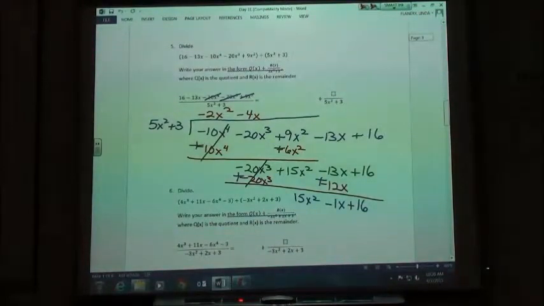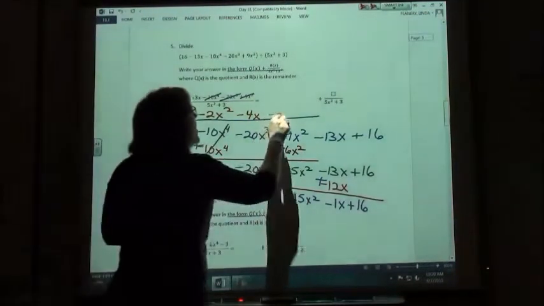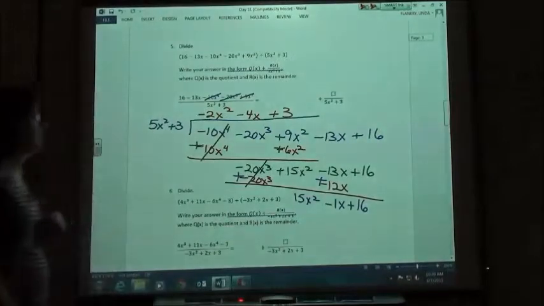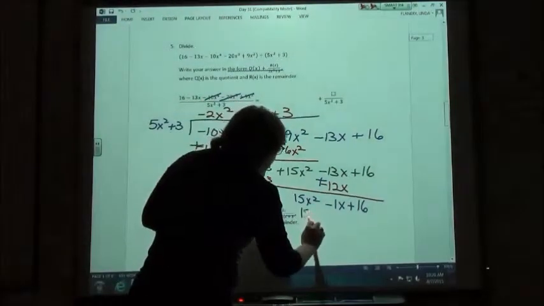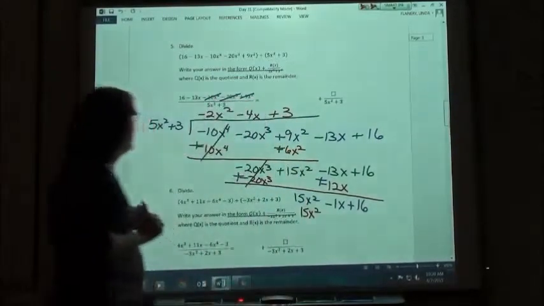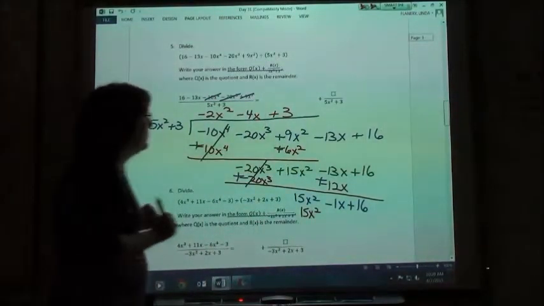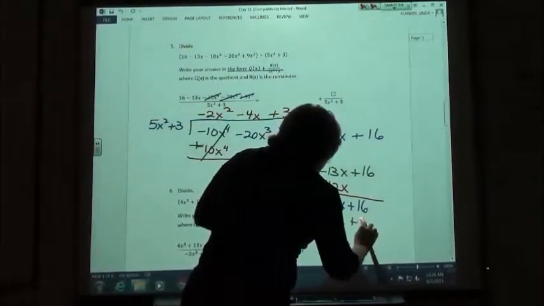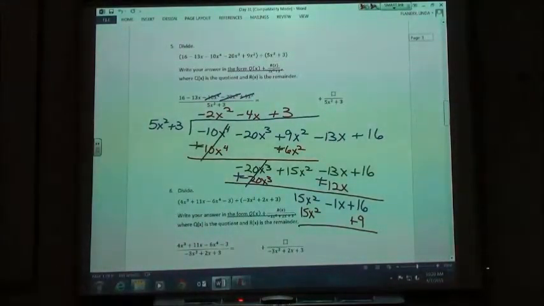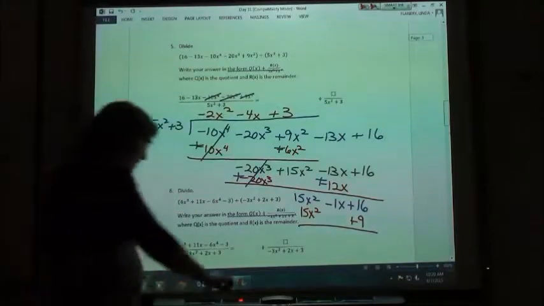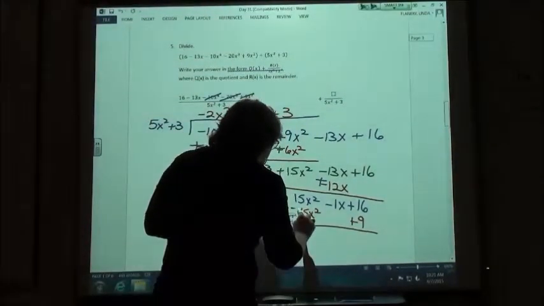So 5 goes into 15 3 times. So positive 3, which would give me 15x squared. And that one goes to 16. Yep, plus 9, right? And then we have to change our signs.